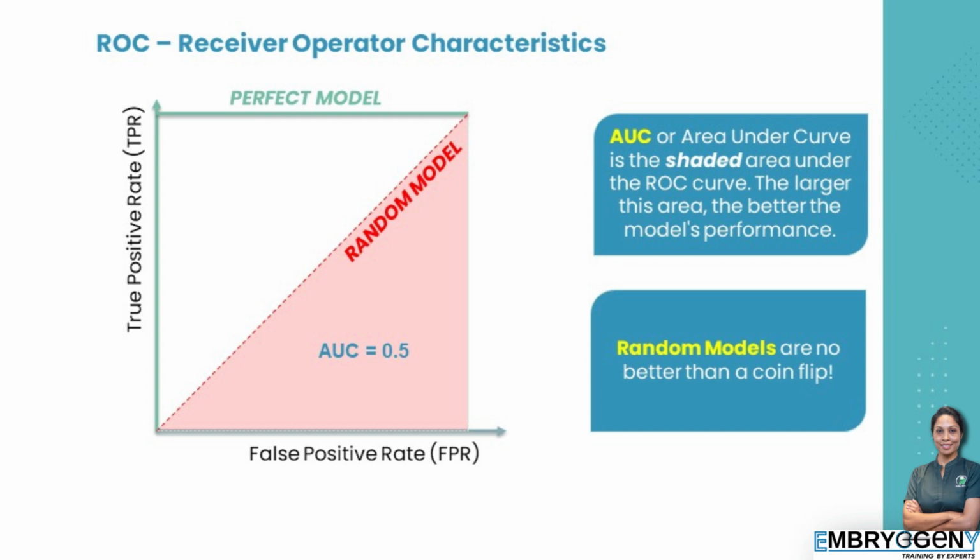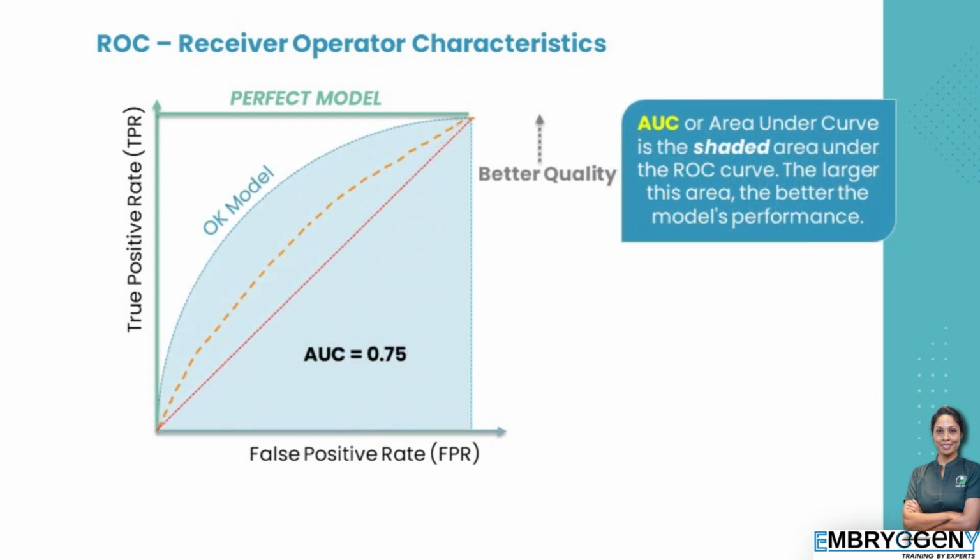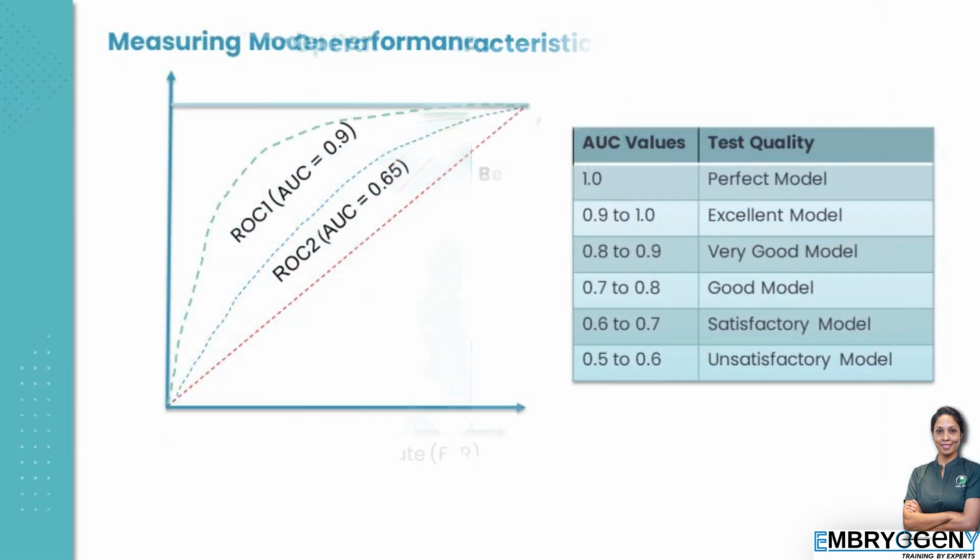It is like predicting one result half of the time and the other the rest of the time. So any model that is not random should have higher than 0.5 AUC, and the more the AUC, the better. As you can see, a good model will have an AUC between 0.7 to 0.8, whereas an excellent model will have an AUC between 0.9 to 1.0.